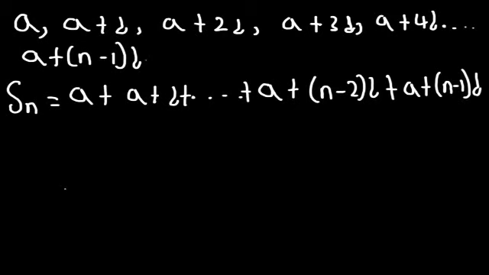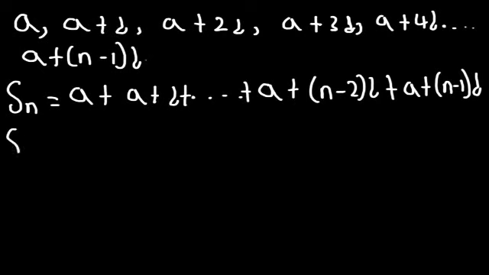Perfect. Now, concerning the basic concept we used earlier for numbers, let's apply the same thing to variables as well. I would like to flip the order in which these terms occur.